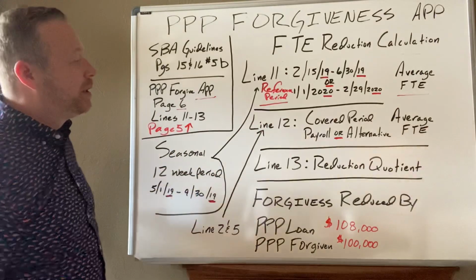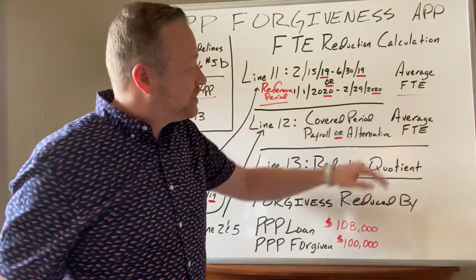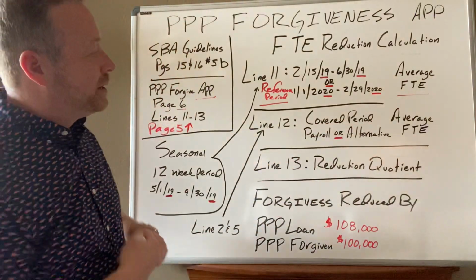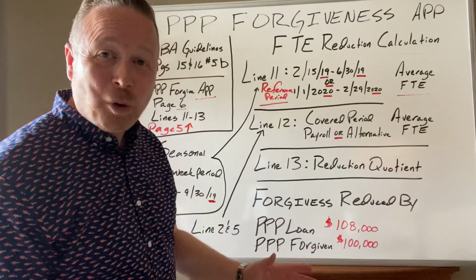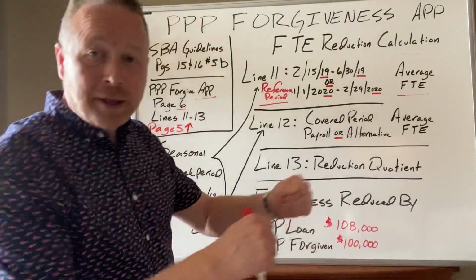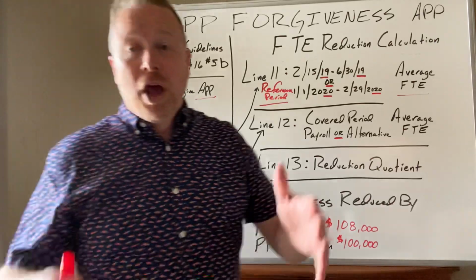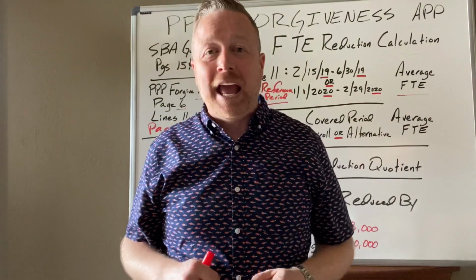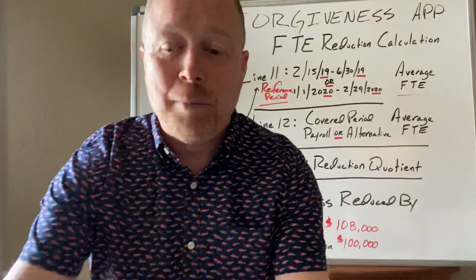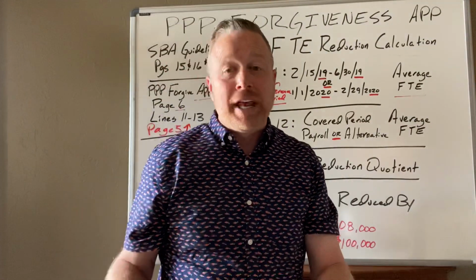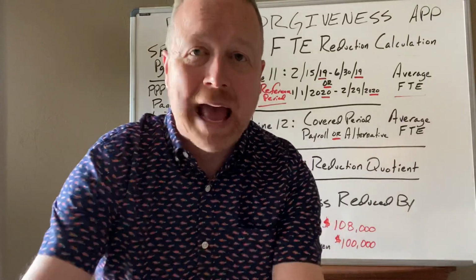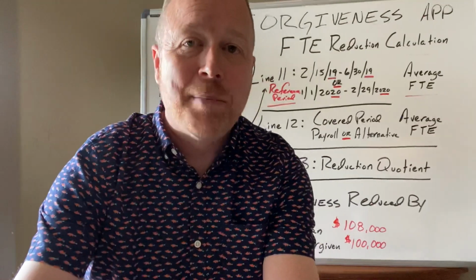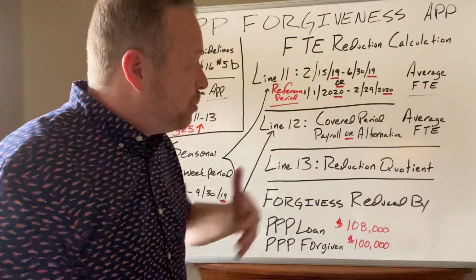Line 12 is the average FTE during the covered period. And remember, for your payroll period during the covered period, you can pick the actual 56 days of payroll, or you can pick the alternative dates of payroll. I have another video that talks about that. I'll put a link in the body of this where you can watch how to pick which payroll.